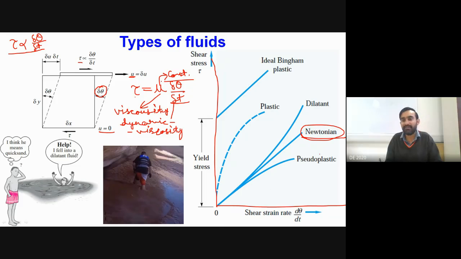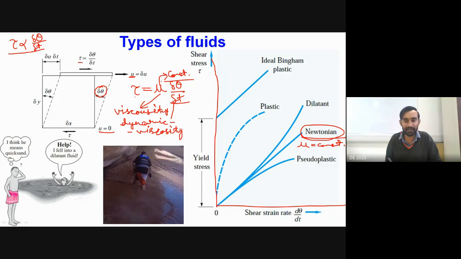Okay, so we have one linear line that is particularly applicable for Newtonian fluid, and for that case we can say that our dynamic viscosity is constant. Then we have certain fluids for which, with the deformation of the fluid, the value of this constant decreases.